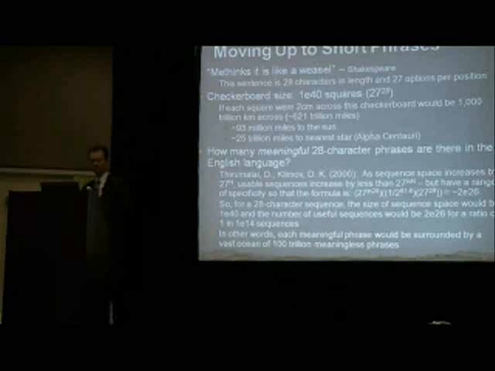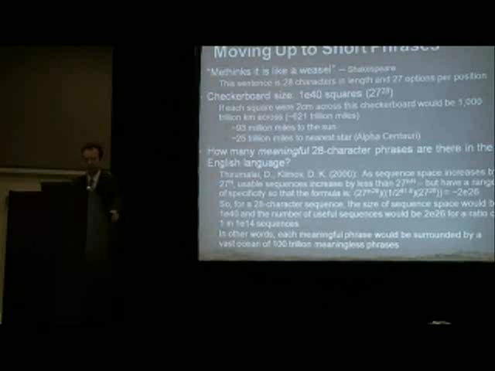But then there's a paper that came out in 2000 where they estimated beneficial sequences in protein space. They said that as sequence space increases by 27 to the n, where n is the size of the sequence and 27 is the number of characters, unstable or non-beneficial sequences increase by less than 27 to the natural log of n, which means there's a huge difference between the exponential of n and the natural log of n.